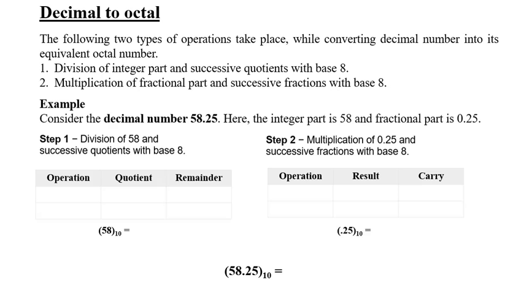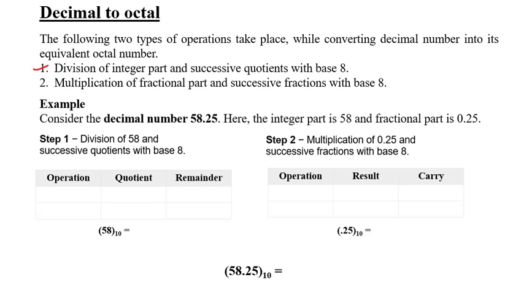Now let us see how to convert a decimal number with both integer part as well as fractional part into an octal number. As in the binary number system, the conversion involves two different types of operations. The first one is the division of the integer part by the base.